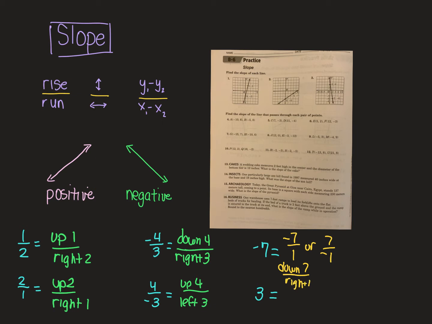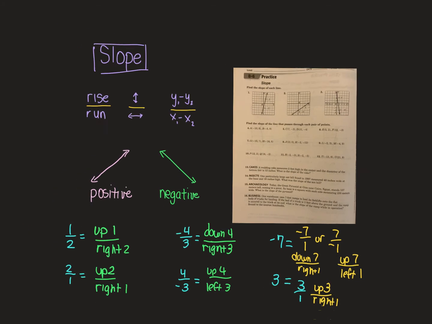If I do the second option, I'm going to go up 7, but then I'm going to go backwards 1, left 1. This guy, 3, I'm just going to make it 3 over 1. There's not really choices there. So that +3 means up 3, +1 means right 1.